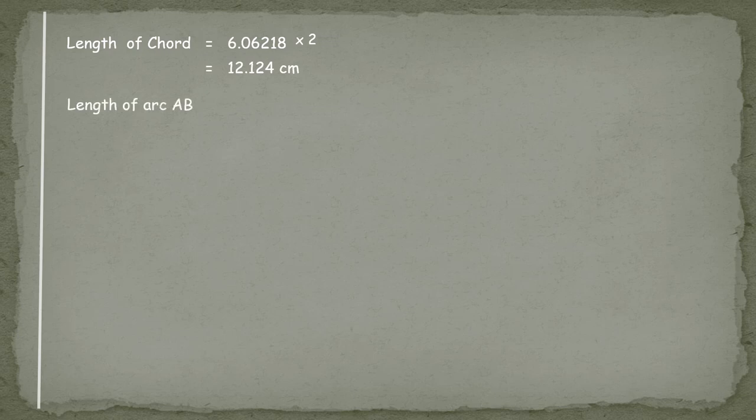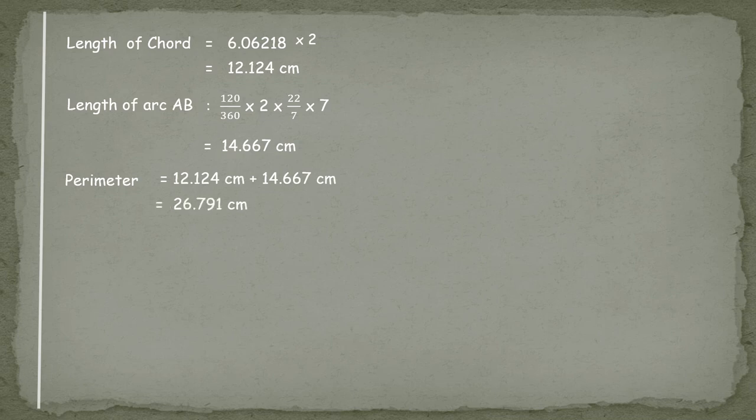So the length of the arc AB, we shall use theta out of 360 times 2 pi r, and that gives us 14.667, meaning that the perimeter will now be equal to the length of the chord plus the length of the arc, and that gives us 26.791 centimeters.